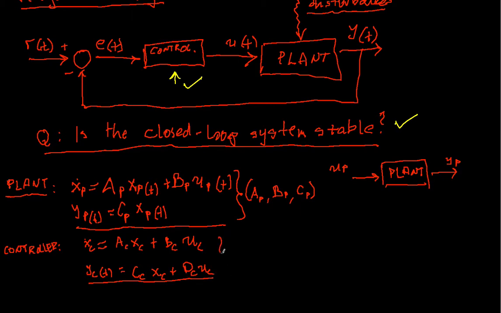Okay. In other words, controller is completely defined by the matrices AC, BC, CC, and DC.